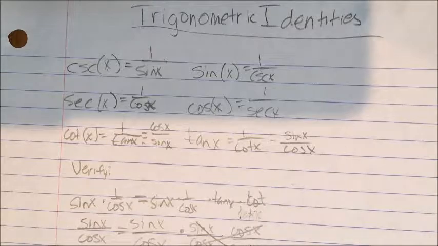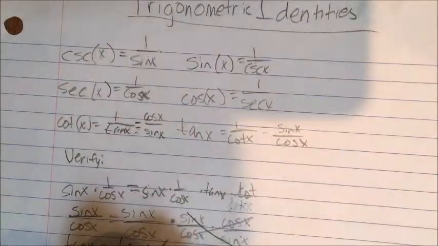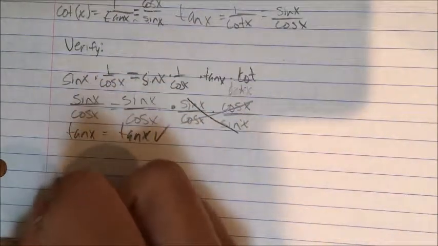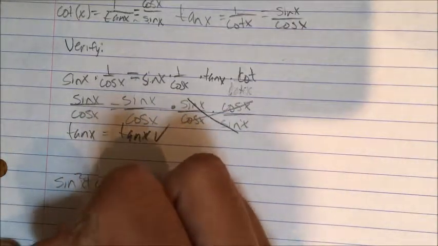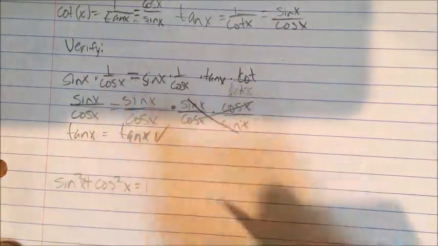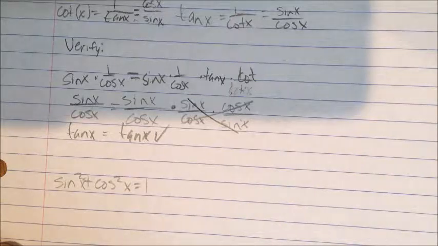One of these types of identities are called the Pythagorean identities, and the Pythagorean identities are that sine squared x plus cosine squared x equals 1, no matter what x is.